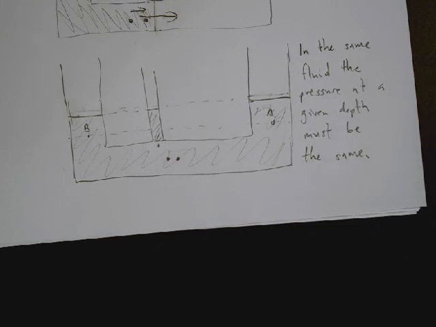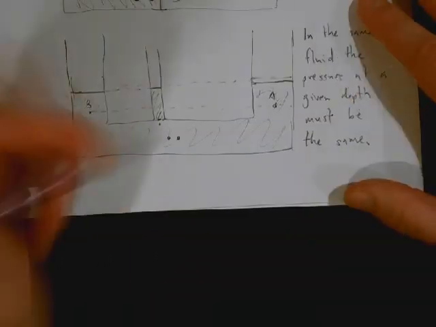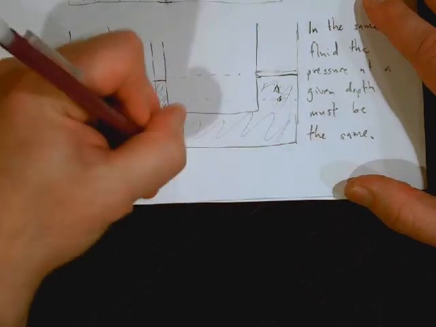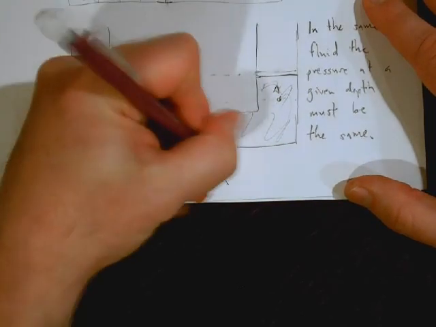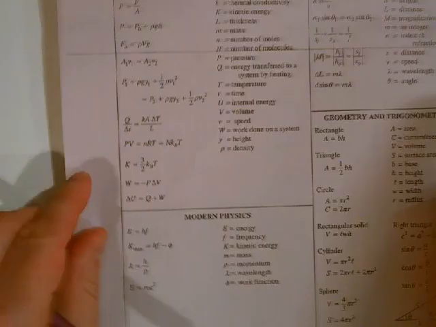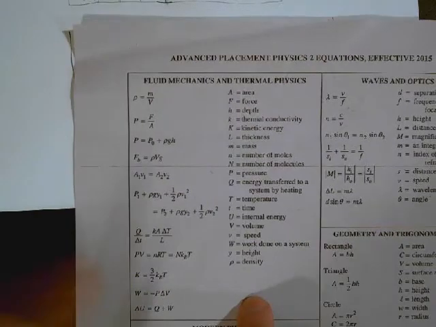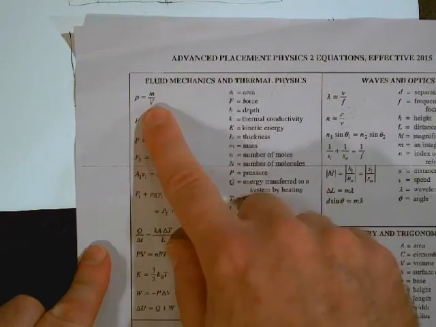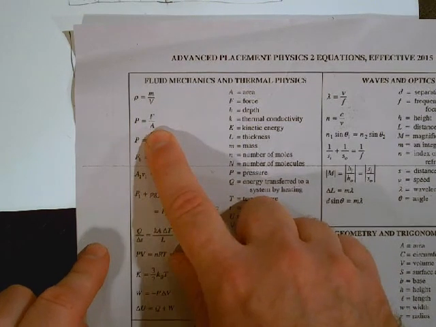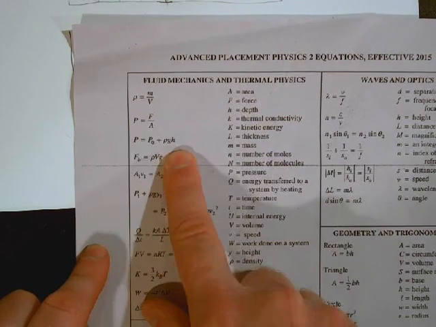Hopefully that makes sense. The formula for pressure at a depth is this, and then we'll do a little bit of practice with it. I do want to point out, on your formula sheet, if you look under fluids, density equals mass over volume, super important.